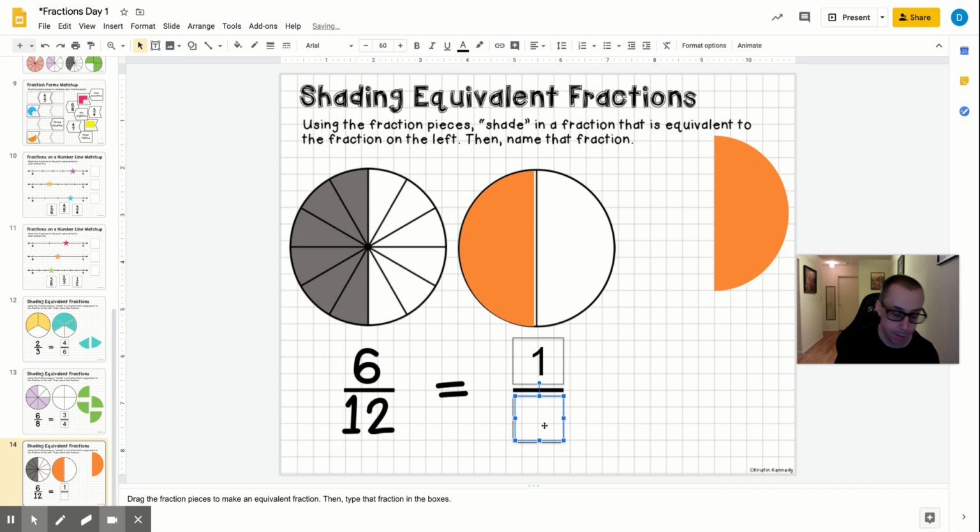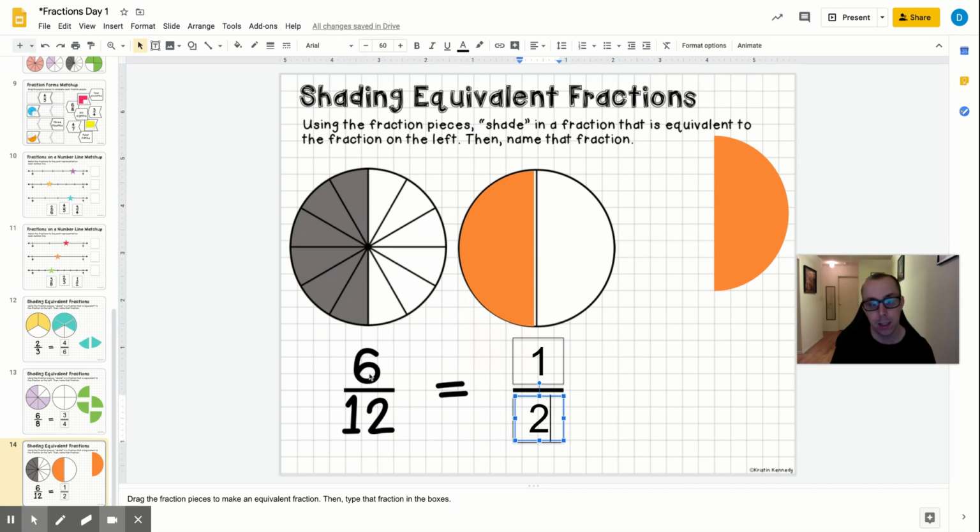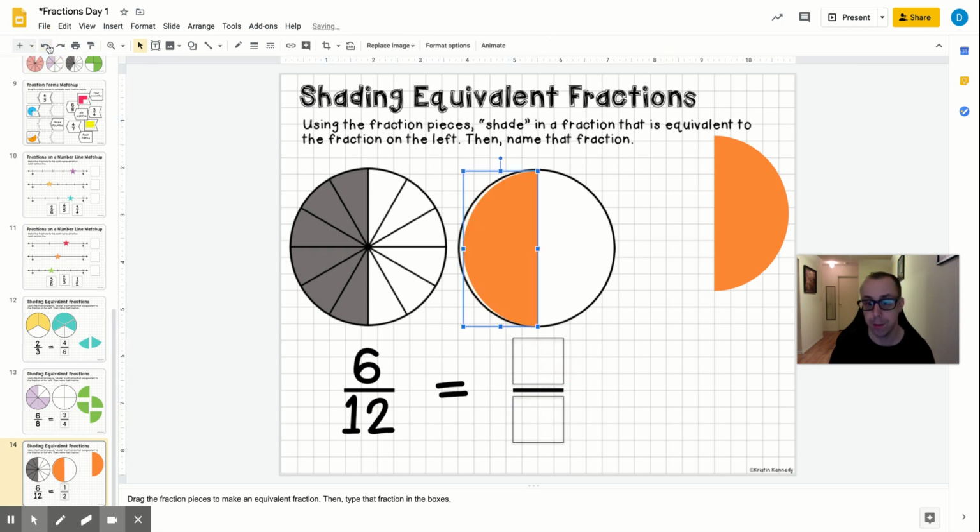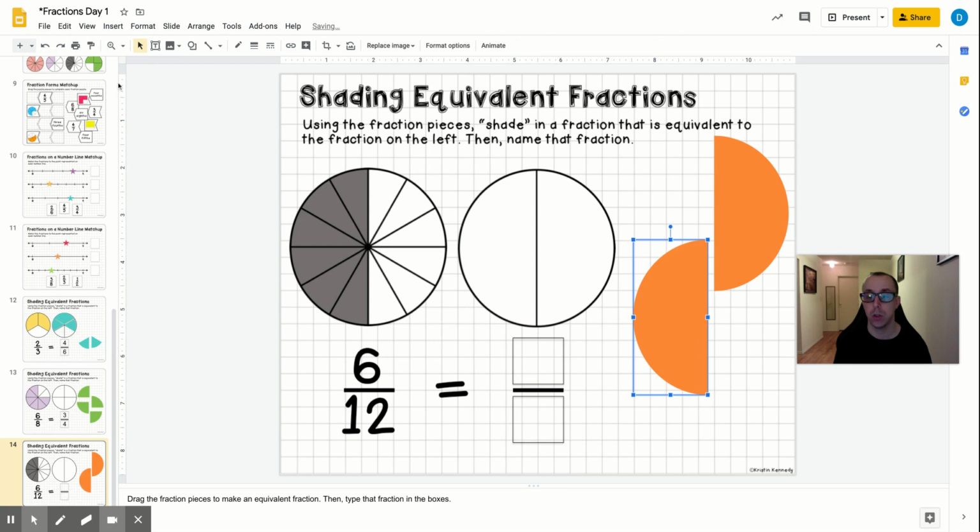And now if we continue with that same idea that I've been saying, 6 divided by 6 is 1, and 12 divided by 6 is 2. So that's why it's equal to 1/2. Okay, so division is a part of fractions, and multiplication is a part of fractions. That is why we spent so long on multiplication, and we waited so long for fractions.